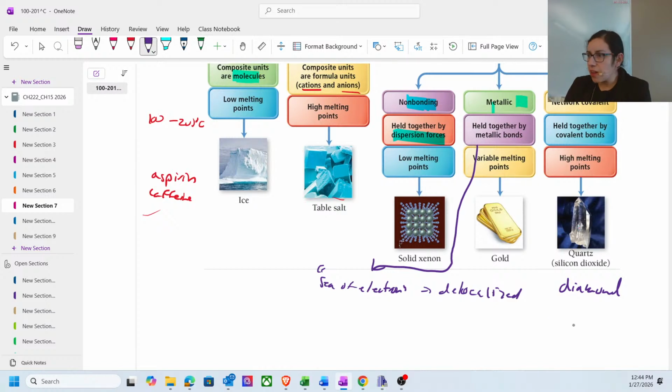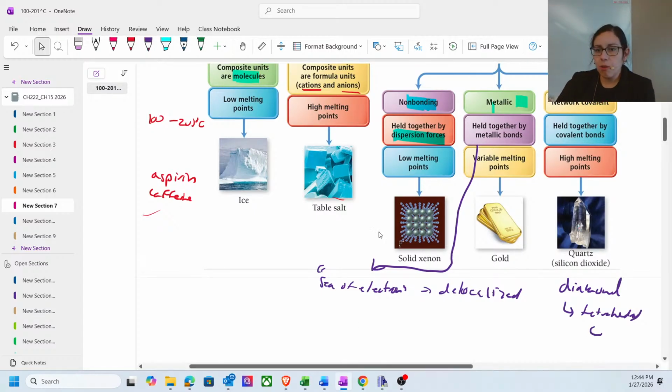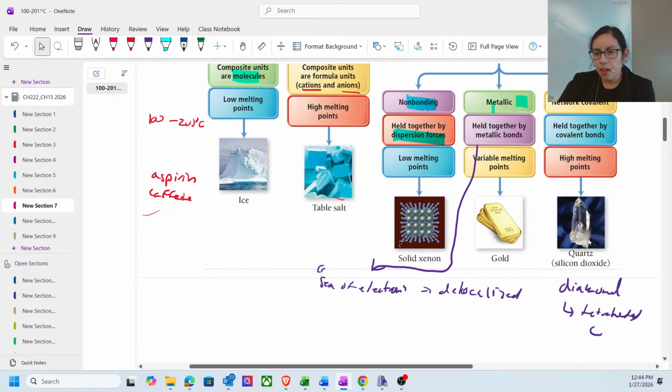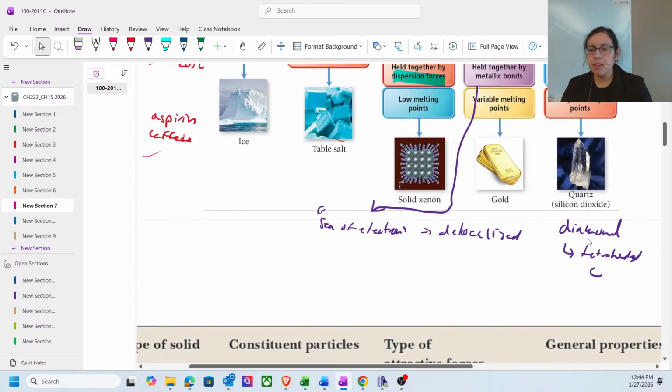So the diamond is held together by our tetrahedral carbon. It's all carbon, all repeating units, so again, extremely high melting points. And then you could put graphite in there as well.